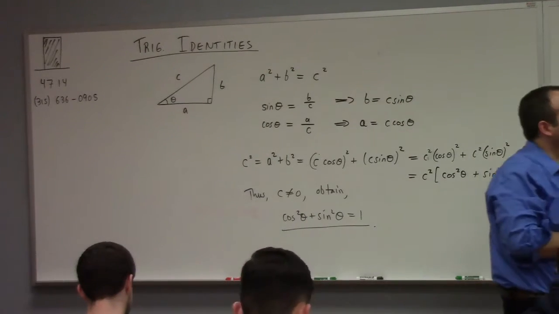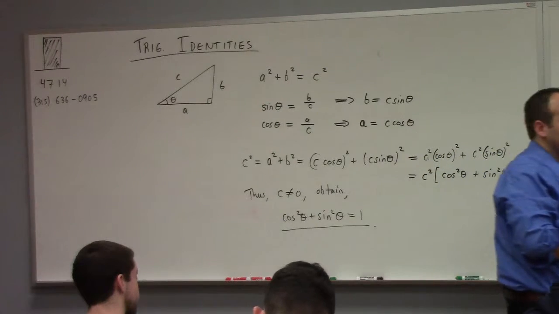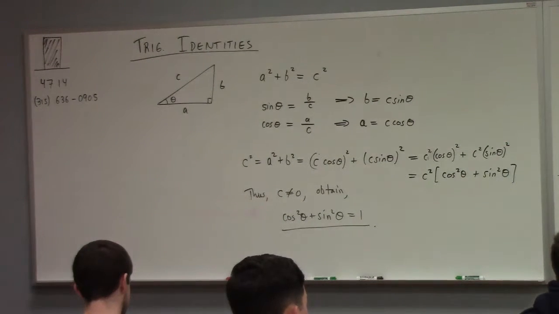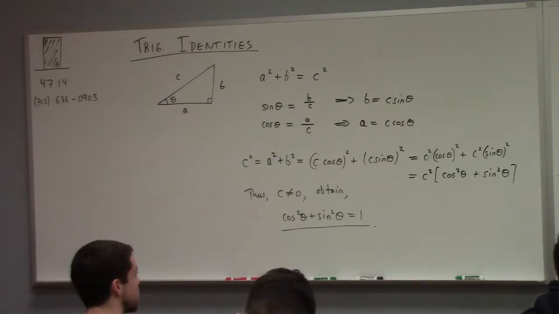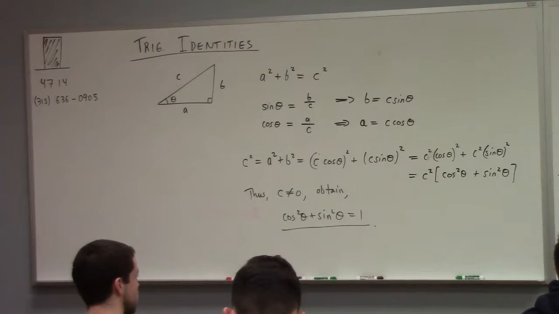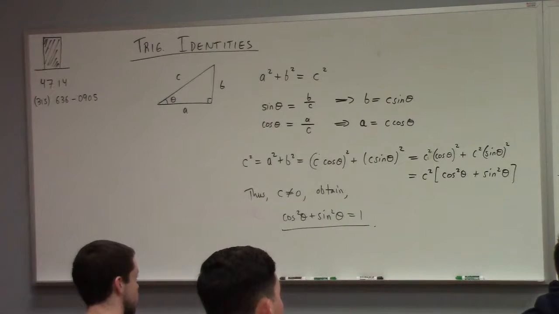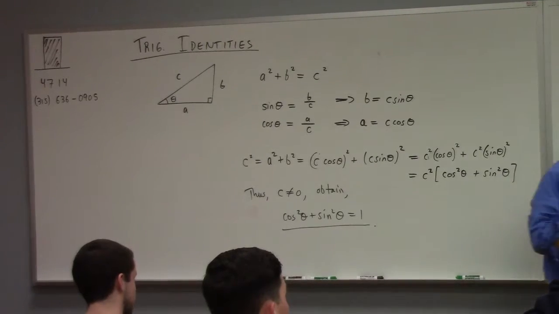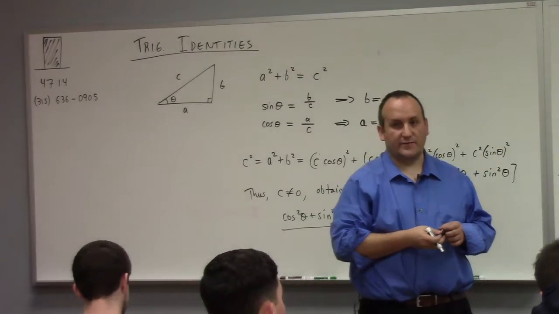But then what could you do with sine squared? It's 1 minus cosine squared theta, right? By the Pythagorean identity. So if we plug that in, what do we get? Cosine 2 theta equals cosine squared theta minus, parentheses are your friend, 1 minus cosine squared theta. Right, I've just plugged in sine squared theta in terms of cosine squared theta.